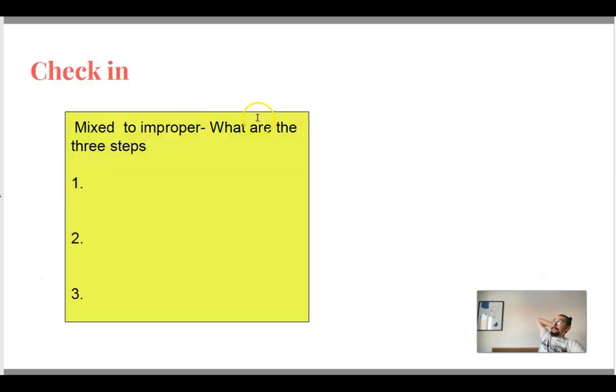So, what are the steps to convert a mixed fraction into an improper fraction? We only have 2 steps that I would consider. So this is not good, alright?